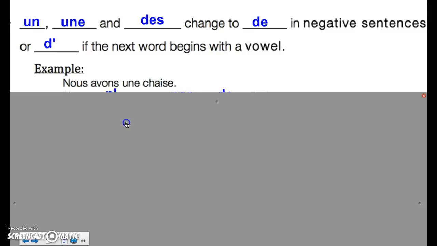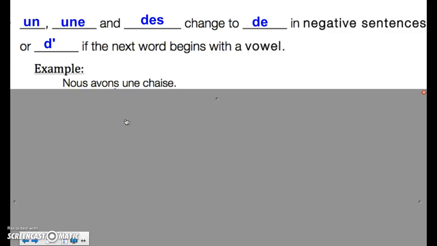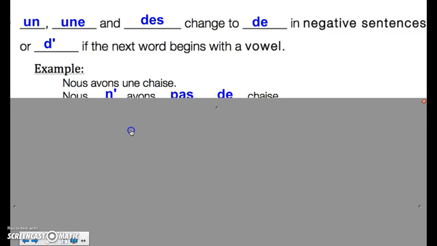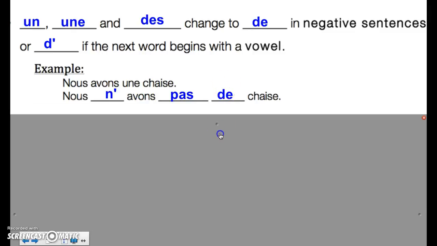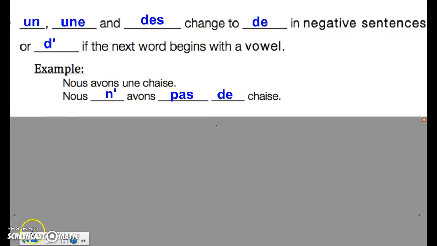So an example of this would be to say nous avons une chaise, which means we have a chair. And if I want to say we don't have a chair, I need to say nous n'avons pas, right? I make my ne pas sandwich around my verb, and then I have to change this article to become de. So nous n'avons pas de chaise. And that's all you need to know about negatives.